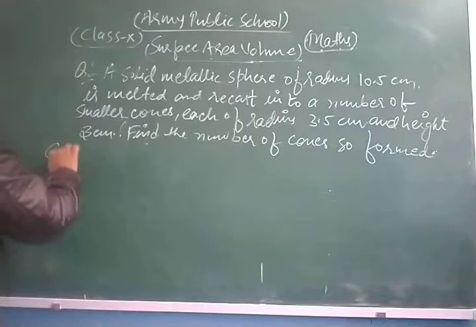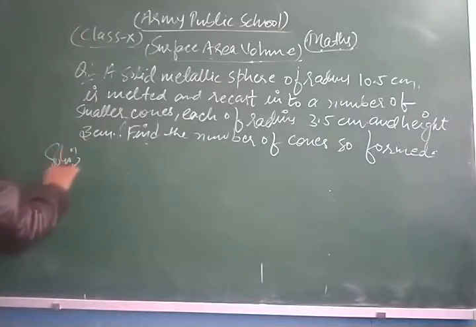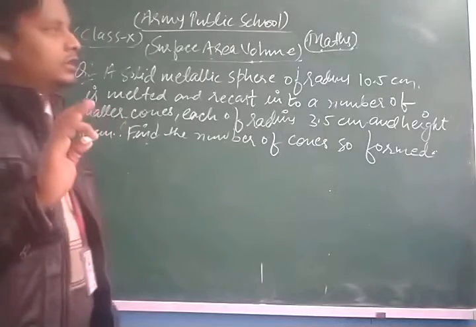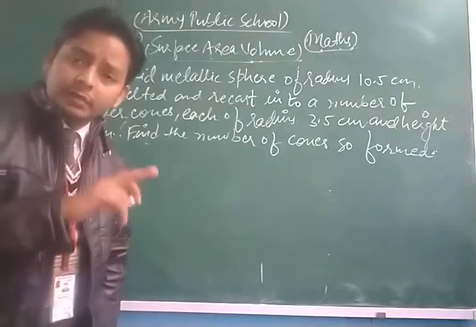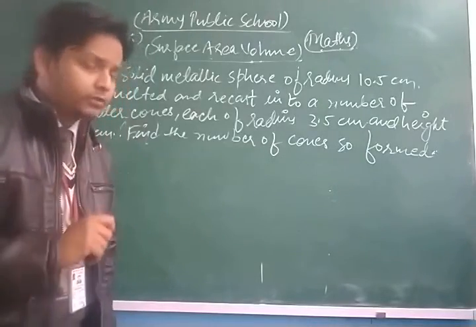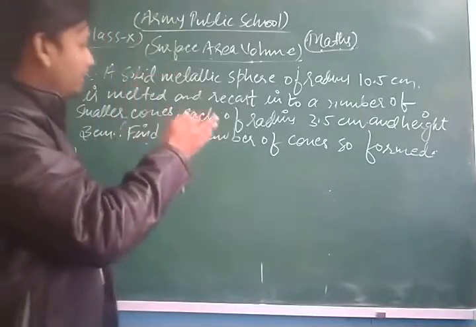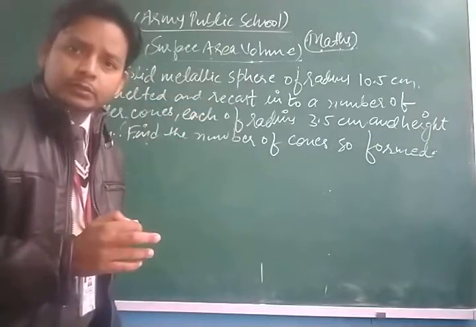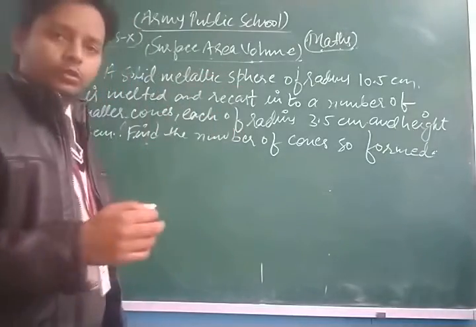First of all, dear friends, this is a question based on the conversion of solids. One type of solid is converted into another type of solid. Now look, here a solid metallic sphere of radius 10.5 centimeter is converted into smaller cones.